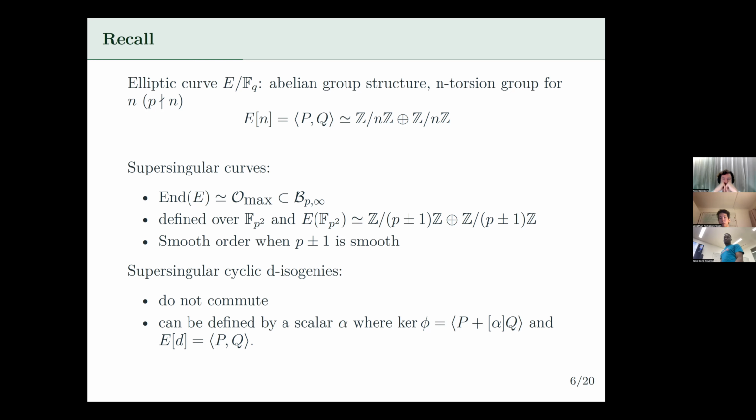Note that if you fix the basis beforehand, then not all kernels can be represented this way, but in general a good fraction of them can. I think at most more than one half of the isogenies. So if you have an exponential number of isogenies, then the kernels of more than half of them can be represented this way.